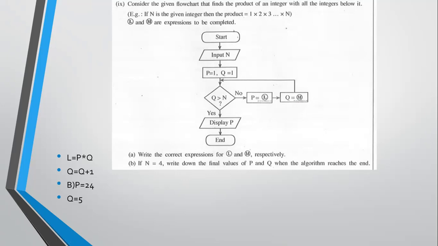That is Q equals Q plus 1. B, if n is 4, write down the final values of P and Q. In the same way, you have to multiply the values. That is how P becomes 24 and Q is 5.